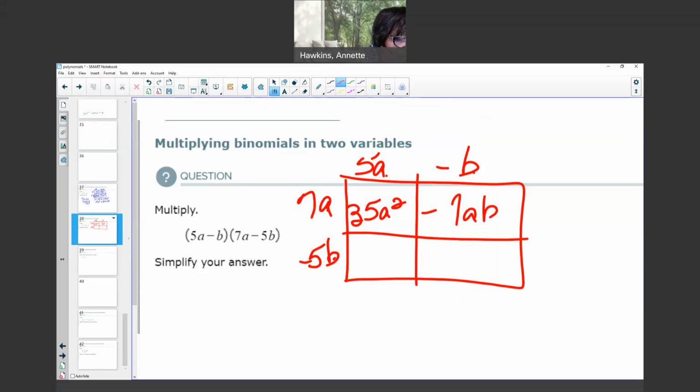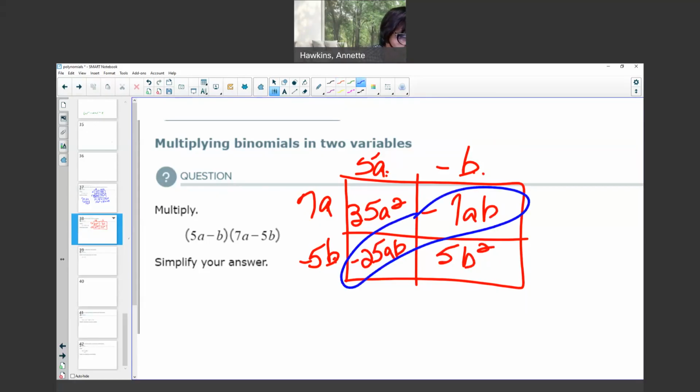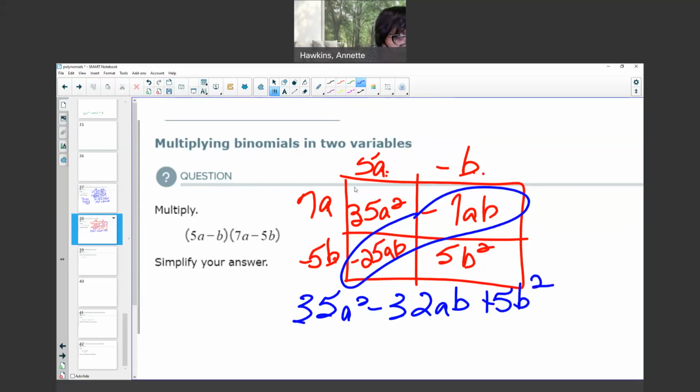Negative 5b times 5a, negative 25ab. Negative 5b times minus b is 5b squared. So this is 35a squared minus 32ab plus 5b squared. Okay.